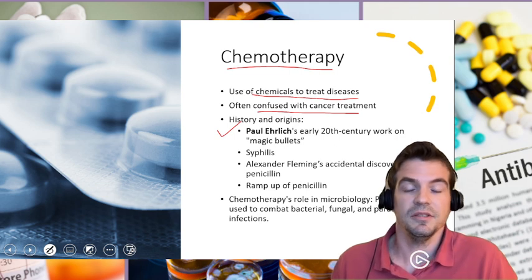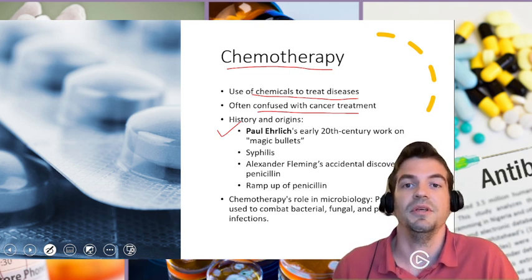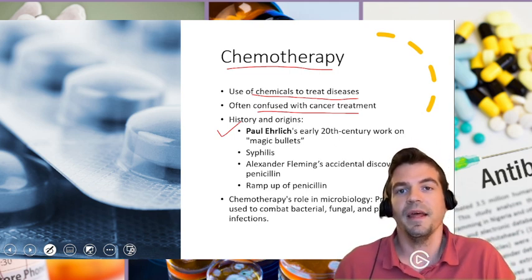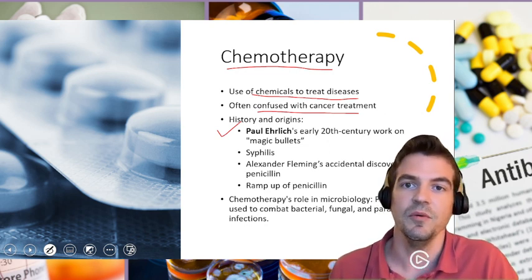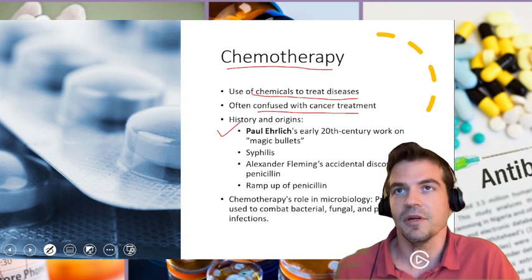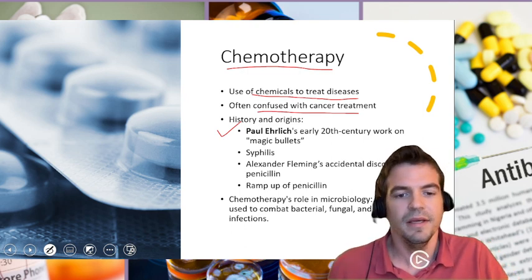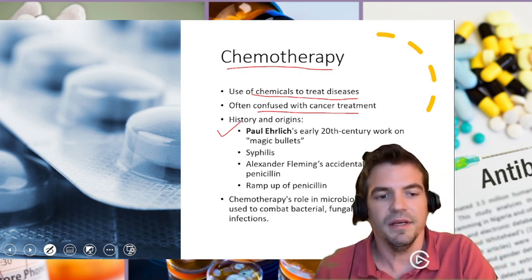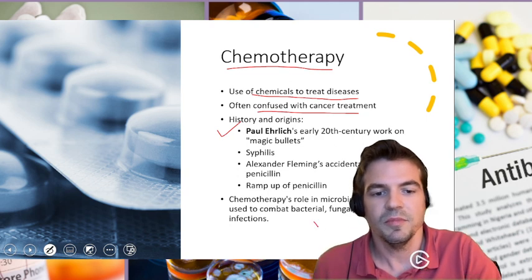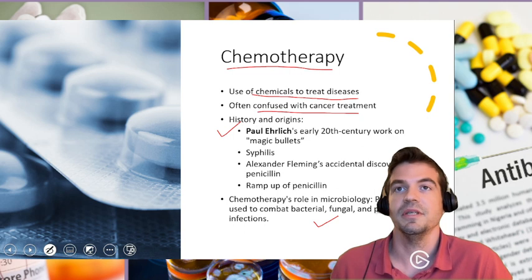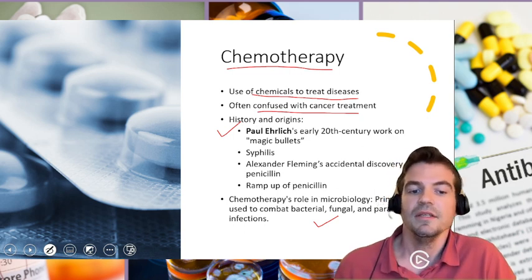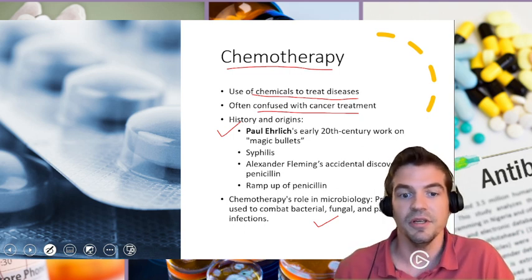And these chemical agents that we found have select modes of action or mechanisms that they work on, and that's how they work. Okay, but we again are primarily used to combat bacterial, fungal, and parasitic infections. Okay, so the heavy hitters of our microbes.